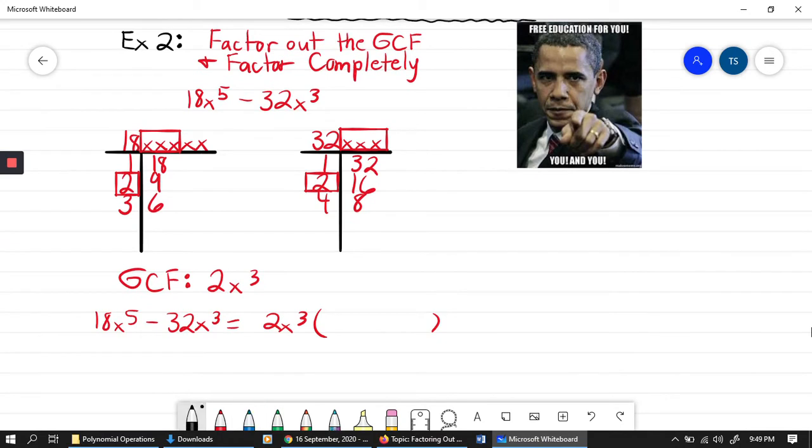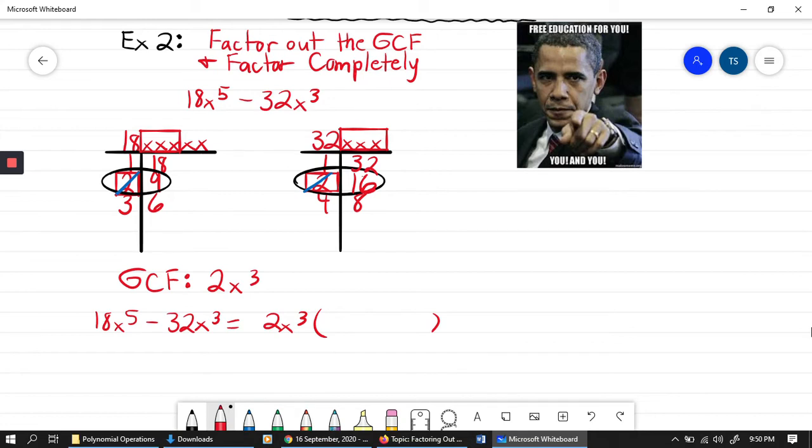Folks, remember that we're only focusing on this pair. We focus on just those pairs of factors, at least with the numbers, those pairs of factors that involve the parts that were in the GCF. And when we take out the 2, which was a part of the GCF, and we take out this 2, which was a part of the GCF, we see what's left over for each term.